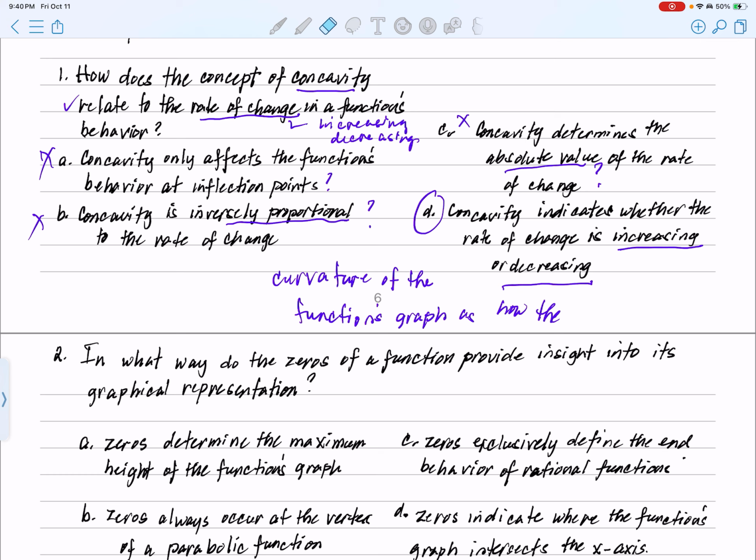Slope is the rate of change. That is what we mean when talking about concavity.